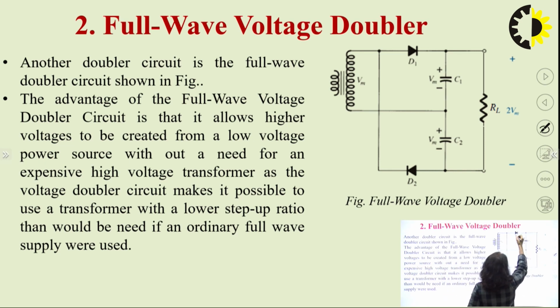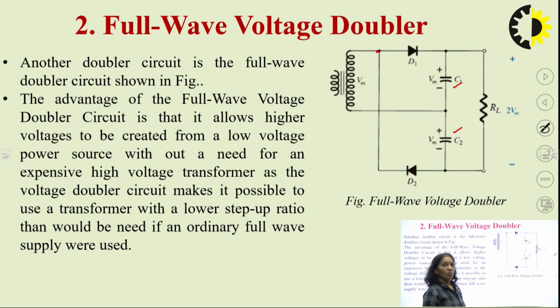First, diode D1 is connected with the capacitor C1 and also a diode D2 is connected from this terminal, and the direction of D2 is reverse of the direction of D1, and one more capacitor is connected. These 2 capacitors are connected in series in case of the full wave voltage doubler circuit.